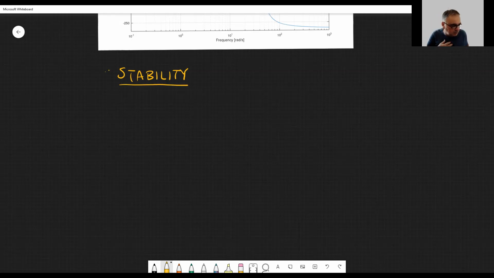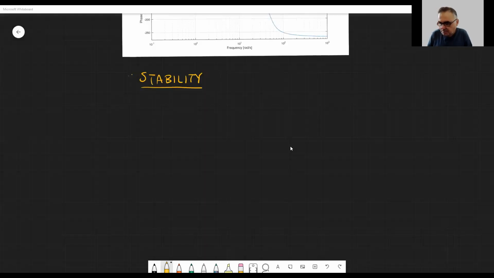That is how you specify performance of a control system in the frequency domain. We will try to look at those things. But before we go into stability, let's take a break because this will be a kind of new topic. So let's stop here for a while and then we will go on, let's say, 10 minutes later. Okay.